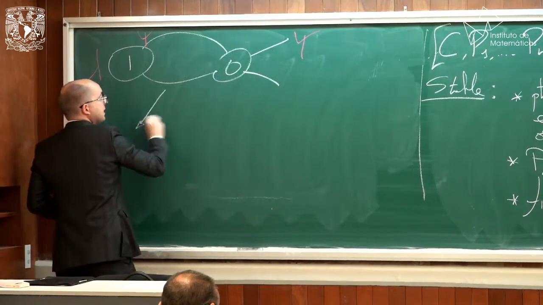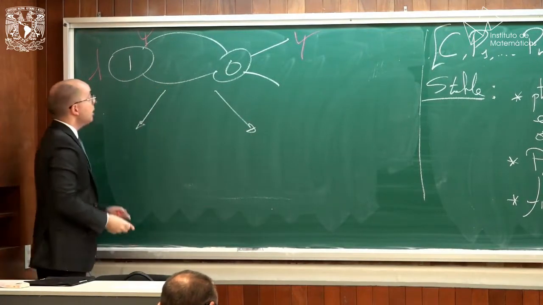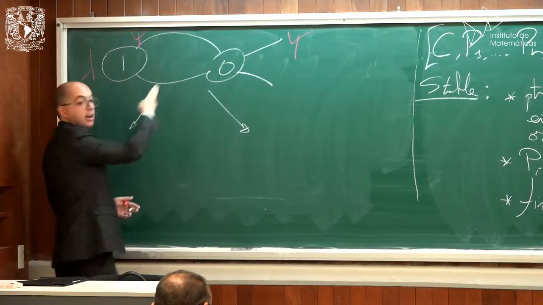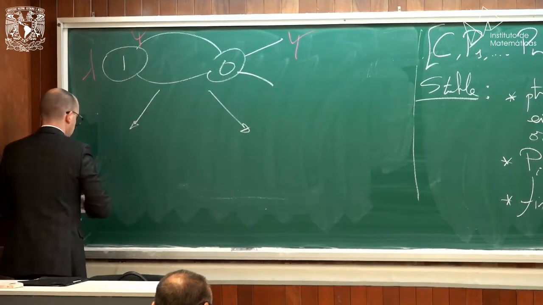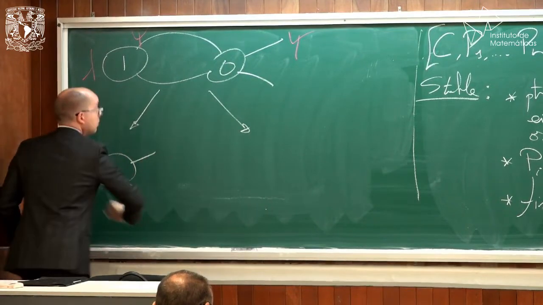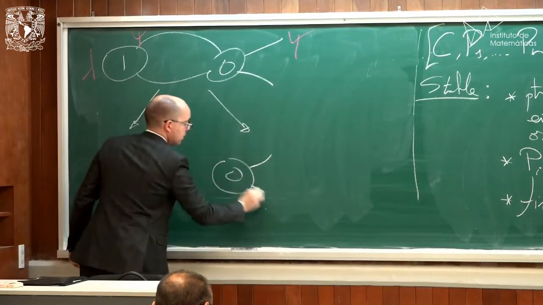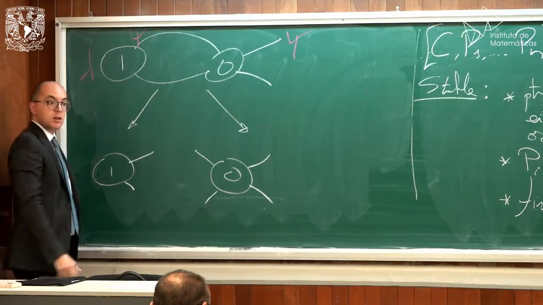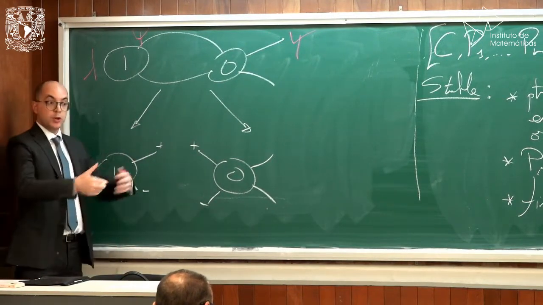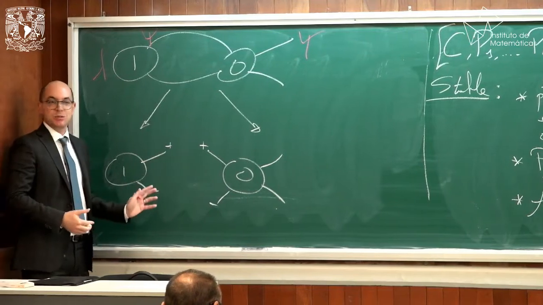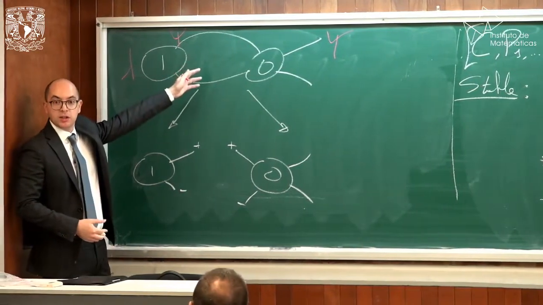And what I can do is the following operation. Basically, I can cut in half the two edges. And if I do that, I produce the following graphs. Okay, and here, say you have plus, plus, minus, minus. Upon gluing the plus together and the minus signs together, you obtain the original graph.